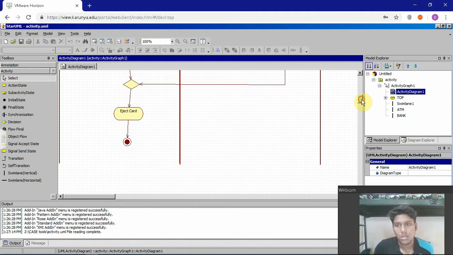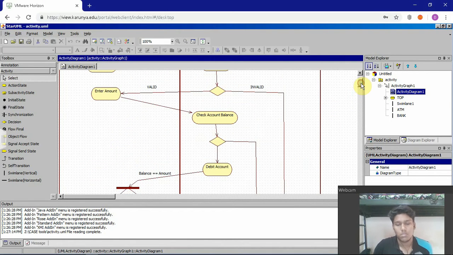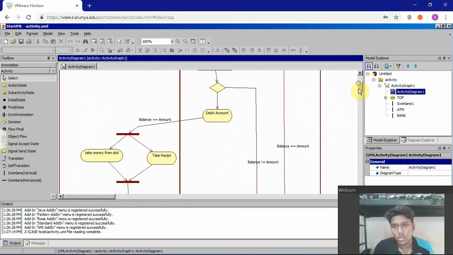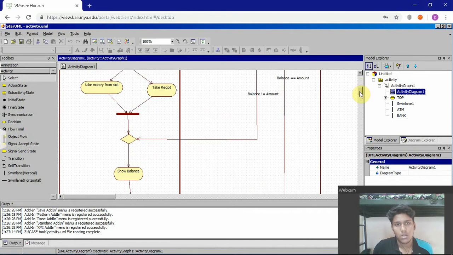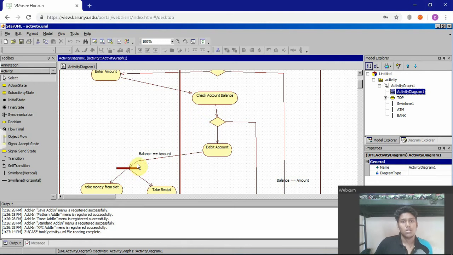There are two more main things: the sync part, because it syncs two processes and combines them into a single process, and the splitter. This is called the splitting bar. The splitting bar splits a single transition into two activities.